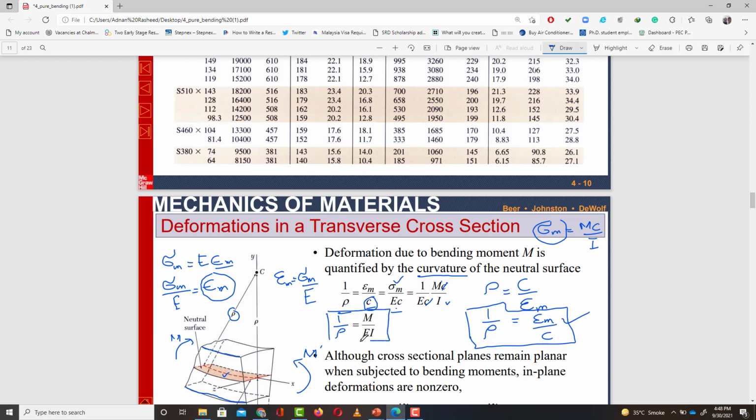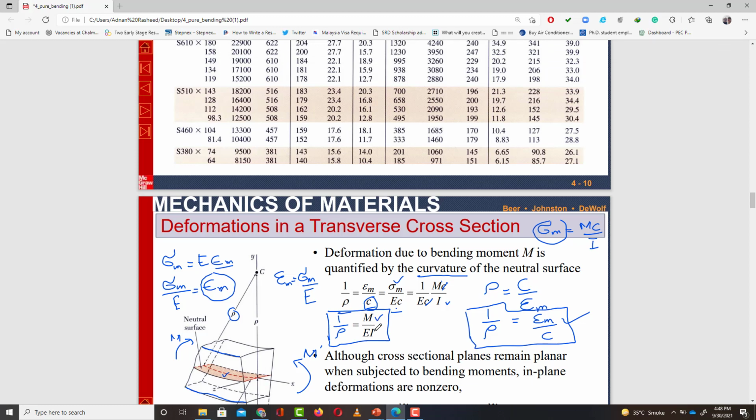If you know the moment, the modulus of elasticity of the material, and the second moment of inertia, you can easily calculate the curvature.